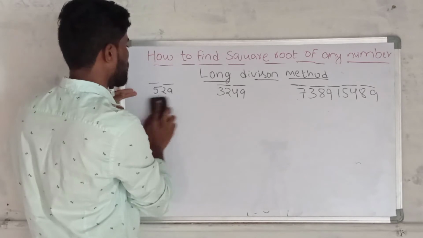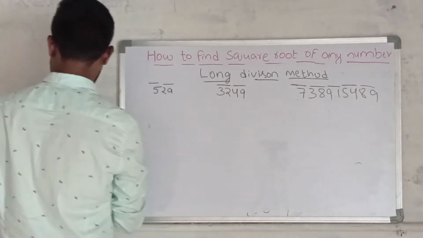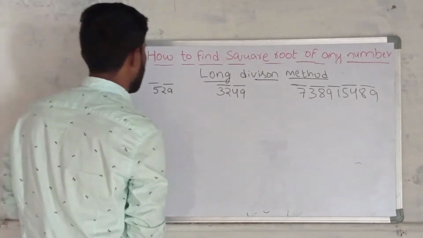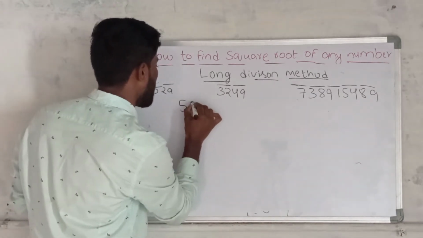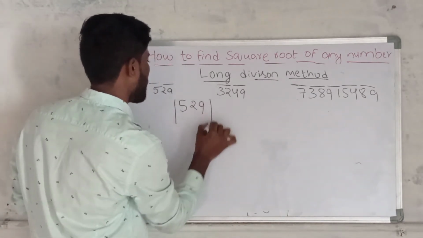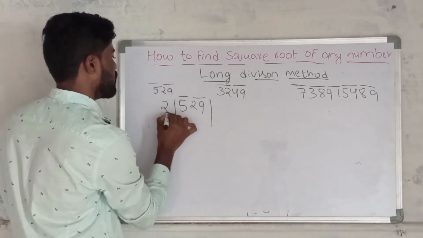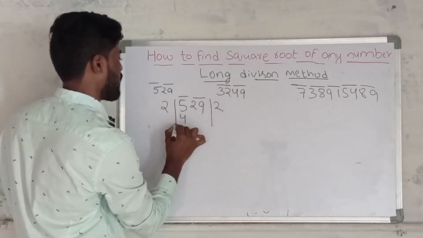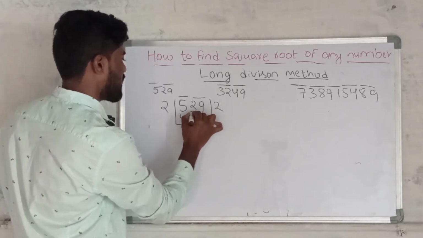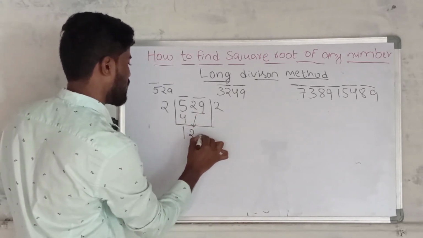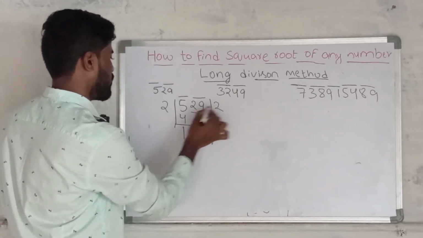Now let's find the square root of 529 by the long division method. We first take the first group: 2 into 2 is 4, remainder 1. Next bring down the second group, 29. 2 into 2 is 4.